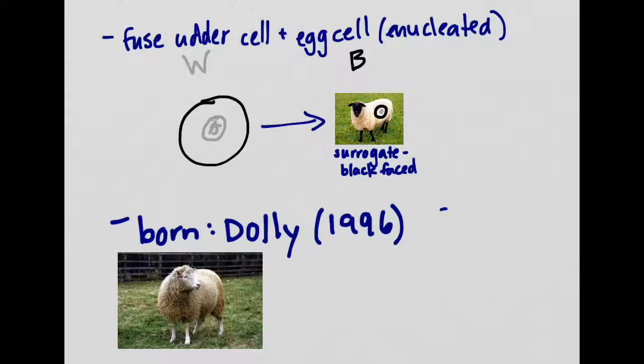So maybe she was born with a genetic age of 6 and then lived for only 6 more years, making her live a total of 12 years. So again, still not really sure there. But they thought that because she was born from a sheep that was not really young, she was born already 6, and her cells were only able to exist for 6 more years.